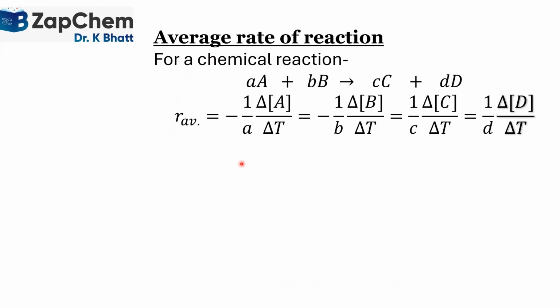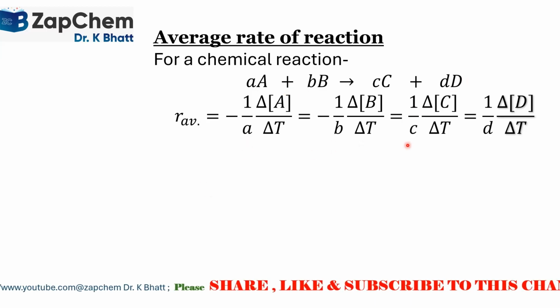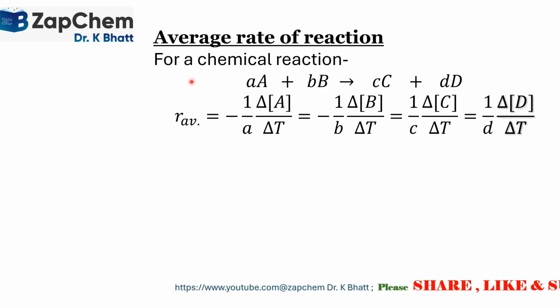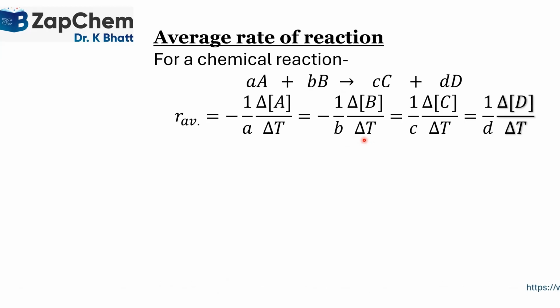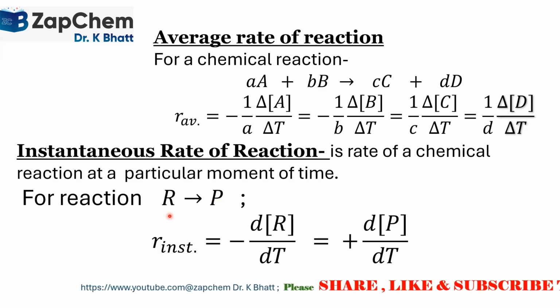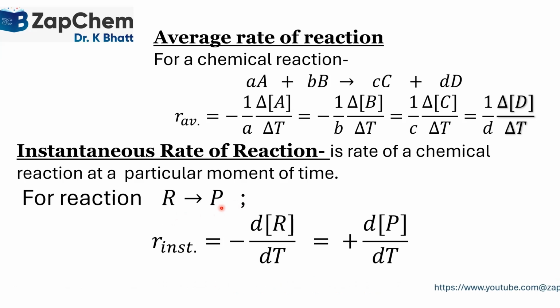Note that here, if there is a coefficient in the stoichiometric relation, that coefficient always comes in the denominator. So writing an expression for average rate of reaction has become very simple. Similarly, for instantaneous rate of reaction at a particular moment of time, suppose there is a reaction R changing to P. R means the reactant, P means the product.